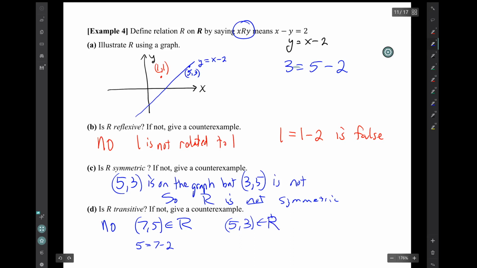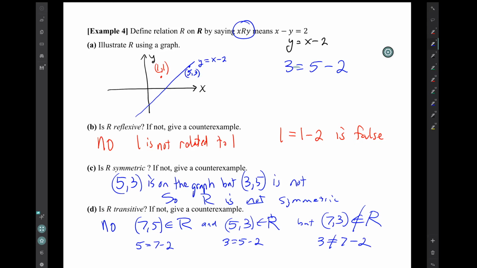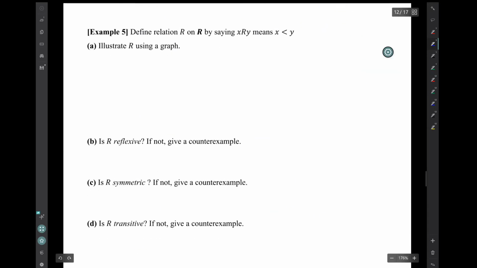We already discussed that. But notice that (7, 3) is not on the graph. So we have three numbers. 7 is related to 5, 5 is related to 3, but 7 is not related to 3. So our relation is not transitive.